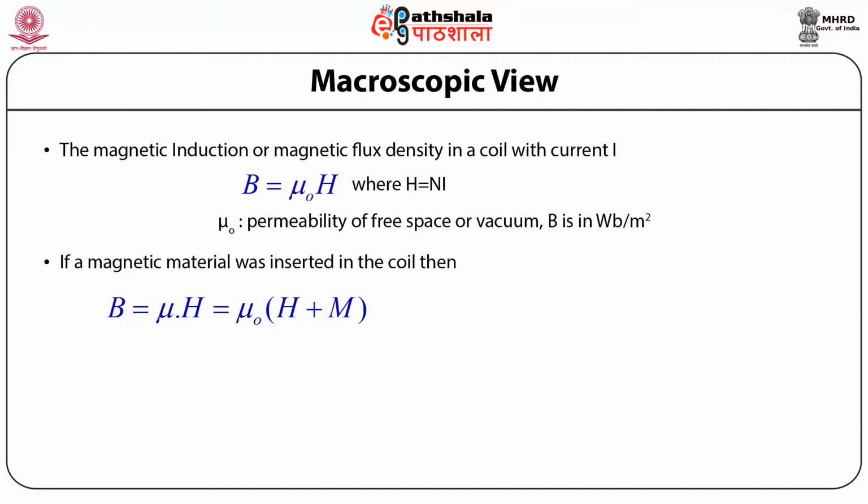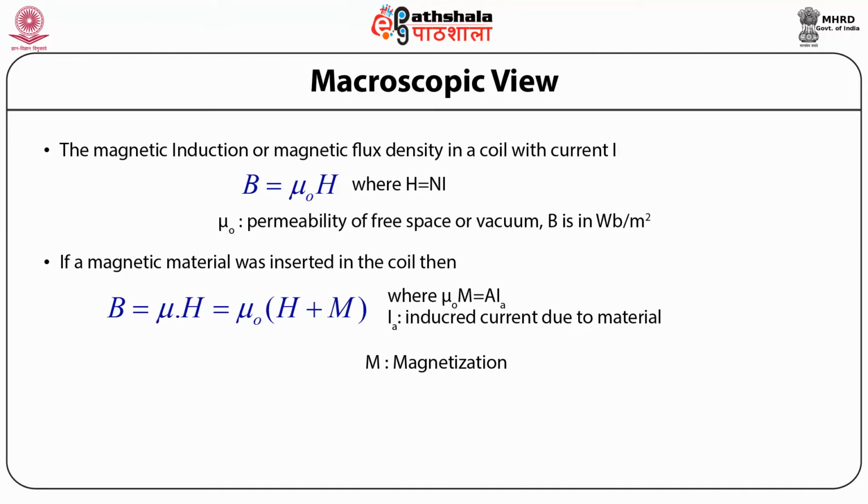So here it becomes mu naught H plus M, where mu naught M is equal to Ia, where Ia is the induced current due to material, capital M is the magnetization, and mu is mu naught into mu r, where mu r is the relative permeability.